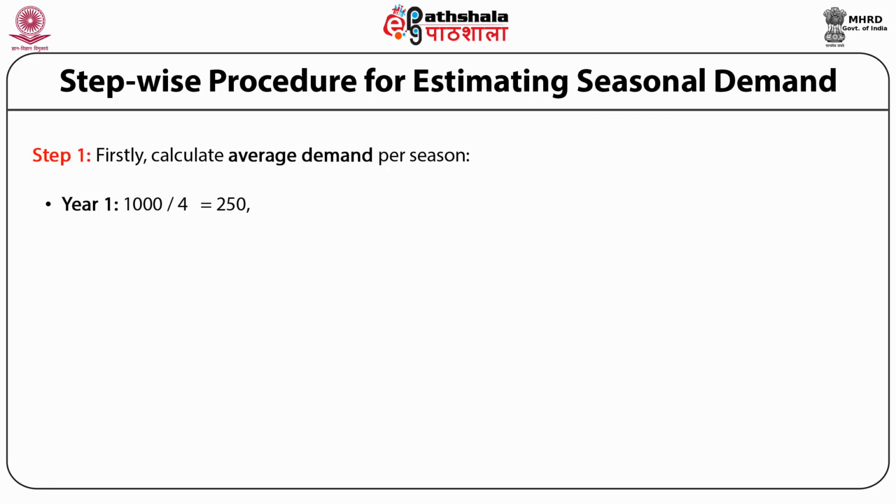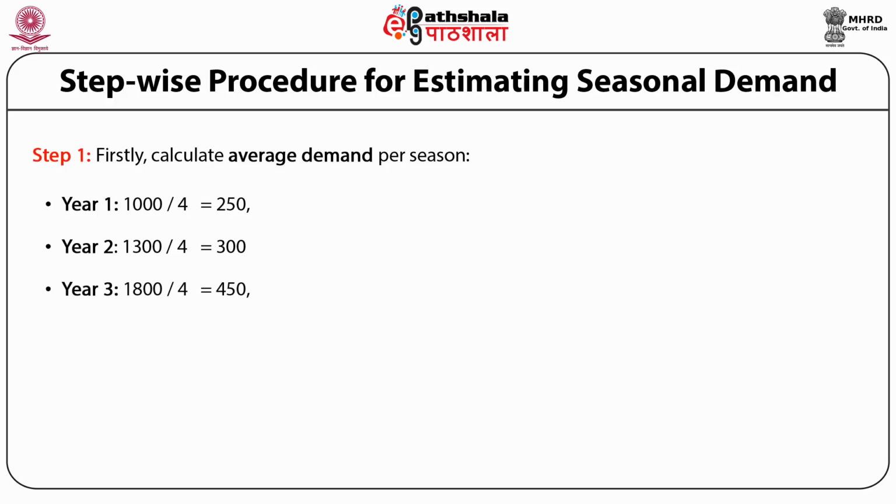For year 1, average demand per season would be total demand divided by the number of quarters, that is 1000 units divided by 4, which would be 250 units. For year 2, total actual demand is 1300 units and there are 4 quarters, so average demand per season for year 2 would be 1300 divided by 4 equal to 300 units.